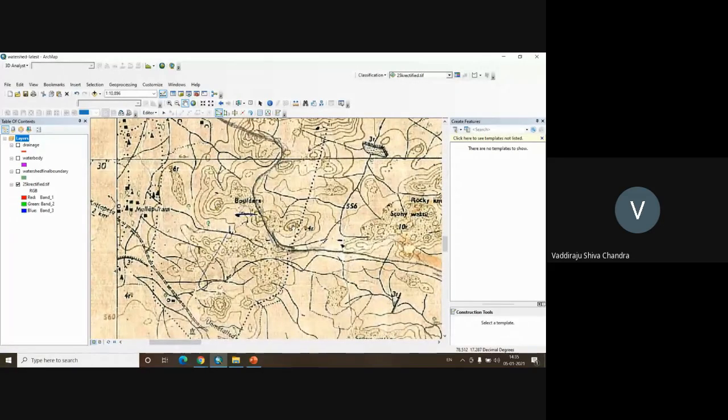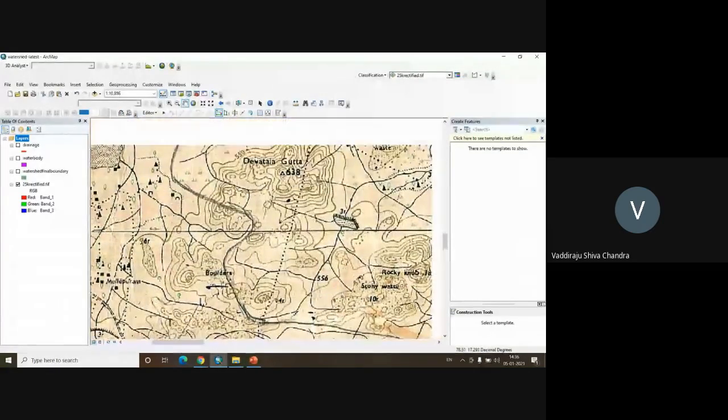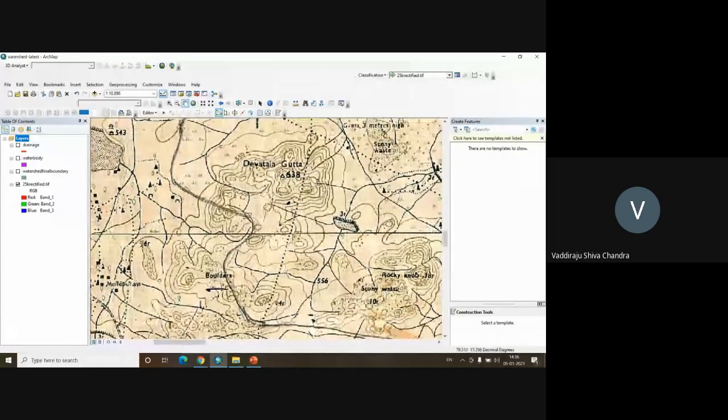Here also you're having a 600-meter line. Yes sir, this is a possibility. You can have this kind of possibility, but a 600-meter contour line cannot cross a 590 or 610-meter contour line. That is what I am conveying. Here also it is 600.